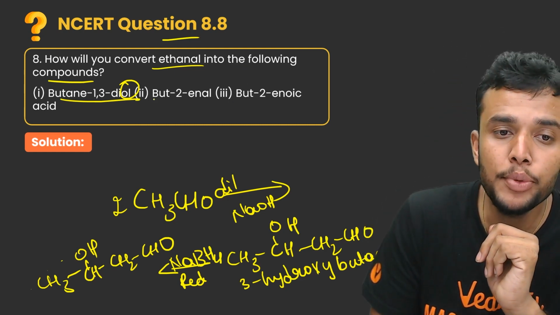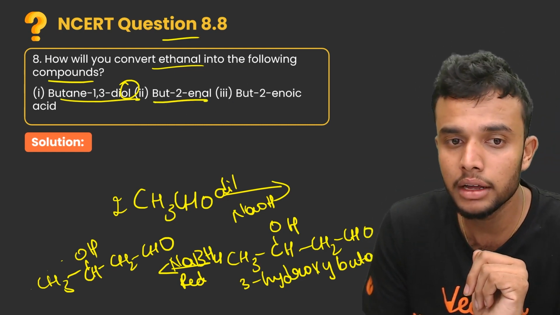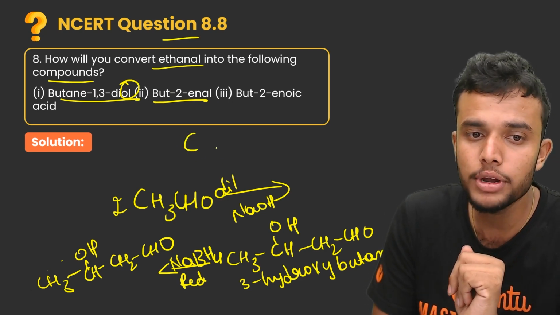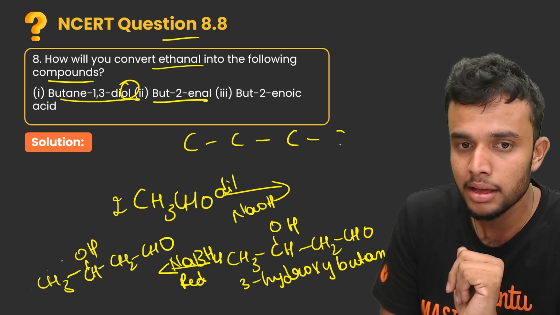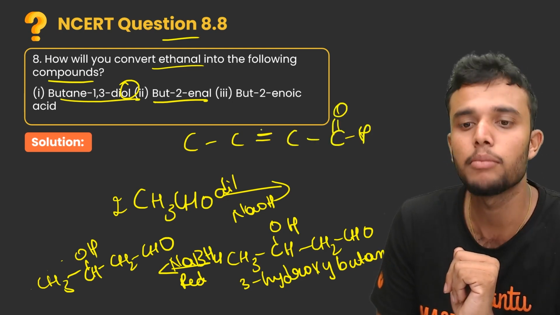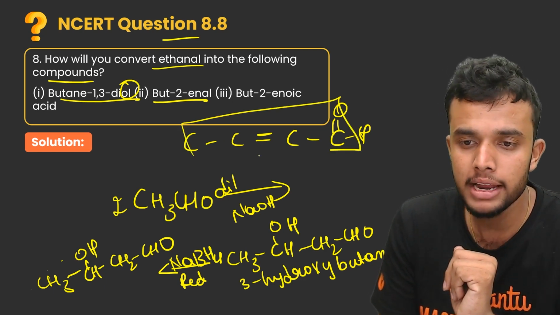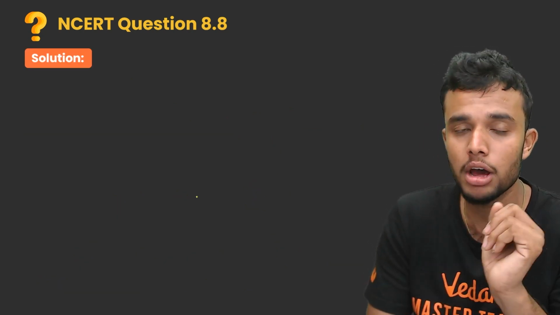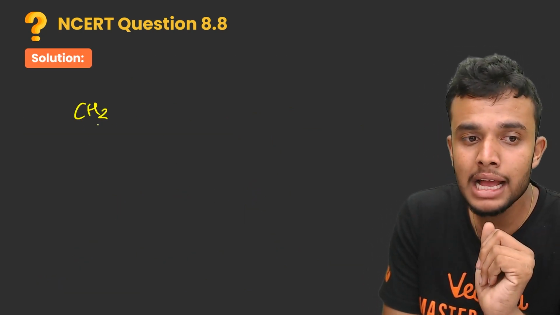The second one is but-2-enal. What is the structure of butane? CCCC. At first position, C double bond O group. At second position, double bond. This is the final product. Okay, how will it be converted from ethanol? The structural formula of ethanol is CH3CH2OH, right?